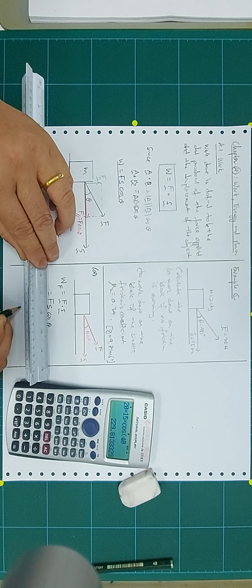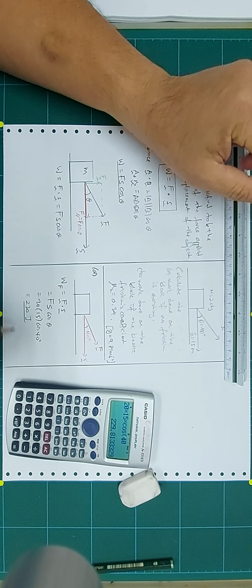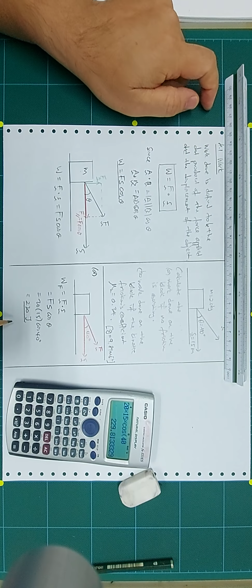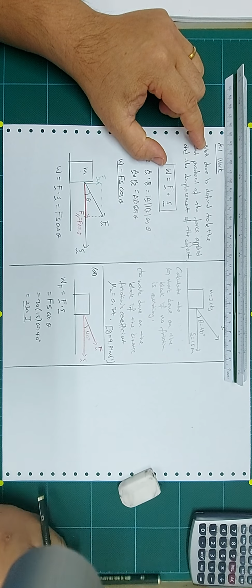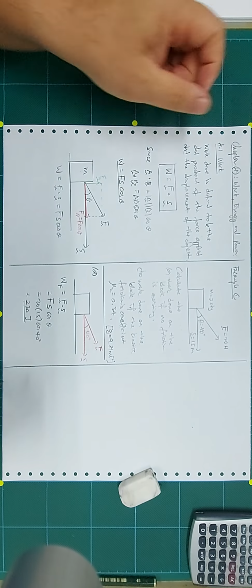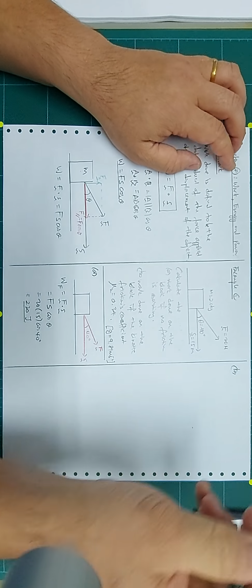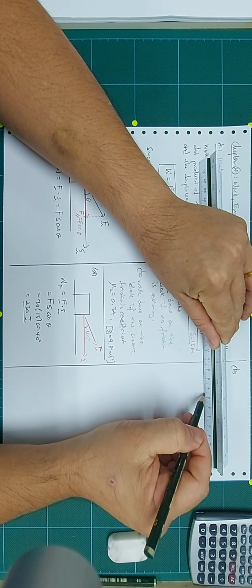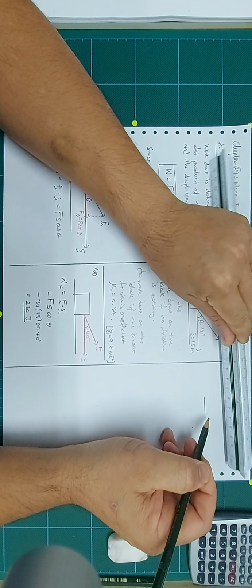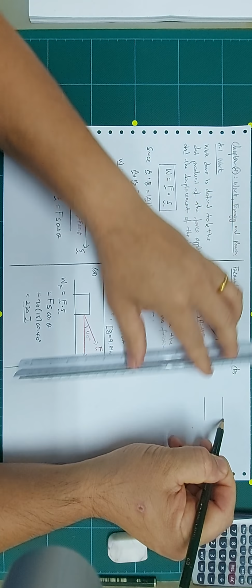The unit of work done is also equivalent to Newton meter. So that's the first one. It is actually quite easy. Now the second one is a little bit trickier.